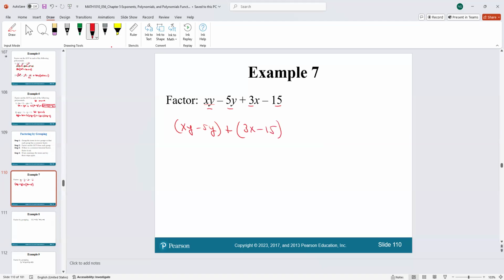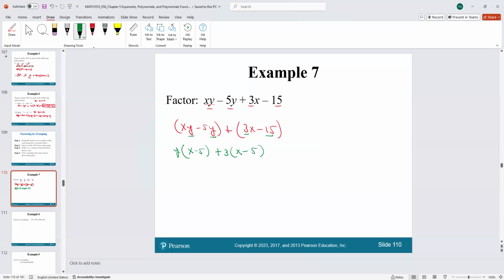That's the first step. The second step, we need to factor out the greatest common factor from each group. What is the common factor in the first group? Y. So if we pull out y, we have x minus 5 left. Plus, the common factor is 3 because 5 times 3 is 15. So if we pull out 3, we only have x left in this one, minus 5, because 3 times 5 is 15. So we can go very slowly with that.